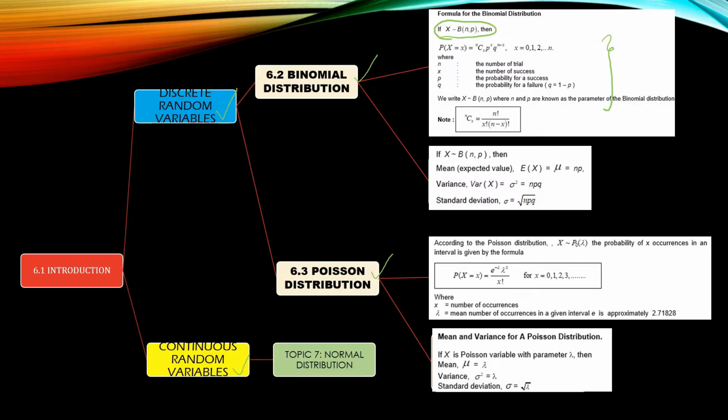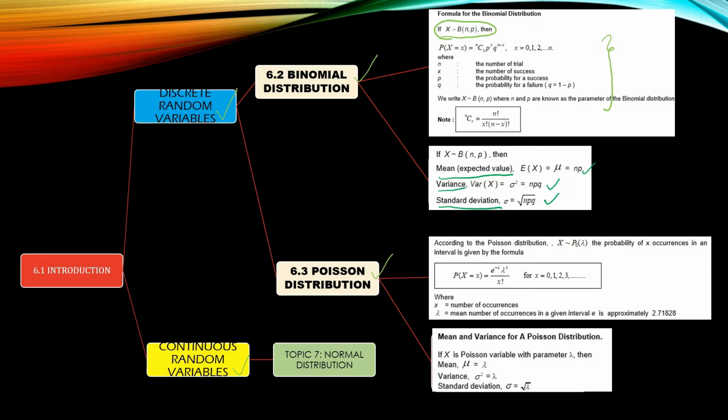More than that, you will learn how to find the mean or the expected value for the binomial distribution, and also variance and standard deviation. So these are the formulas involved in finding mean, variance, and standard deviation respectively.